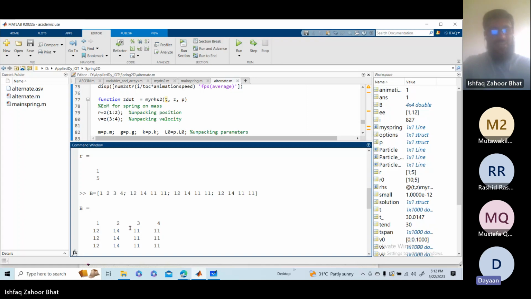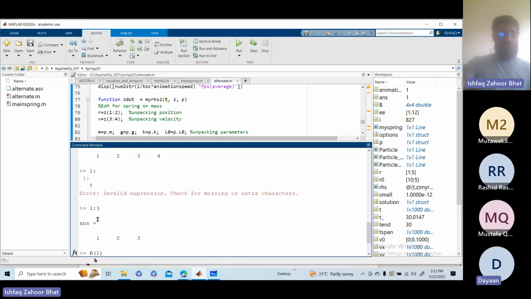The thing is that the automatic indexing by MATLAB is downwards: it assigns this as 1, this as 2, this as 3, 4, 5, 6, 7, 8, 9, 10, 11, 12, 13, 14, 15, 16. So if I type B of 2, it returns 12.